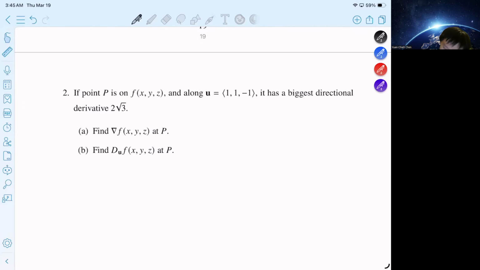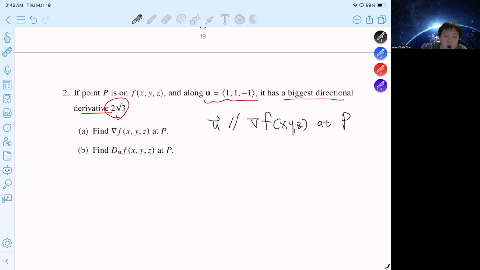When you see the biggest directional derivative, along this direction, the direction u will be parallel to the gradient of f at P. We also have the length of the gradient at P, which is 2 square root of 3.